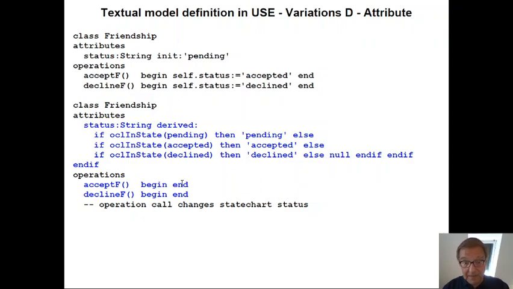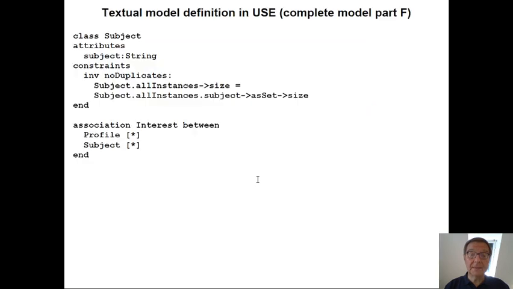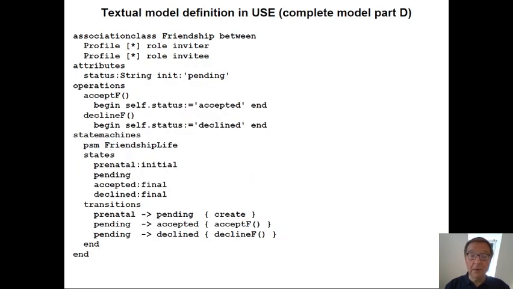Nothing is executed here, but have in mind that the operations accept f and decline f in any case will do something. They will do something in connection with the state machine, namely accept f will change the state from pending to accepted, and decline f will change the state from pending to declined.